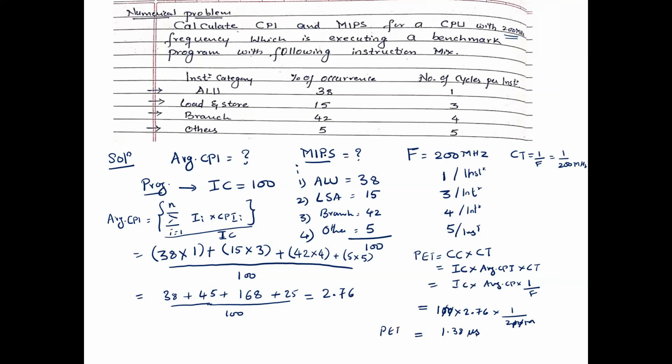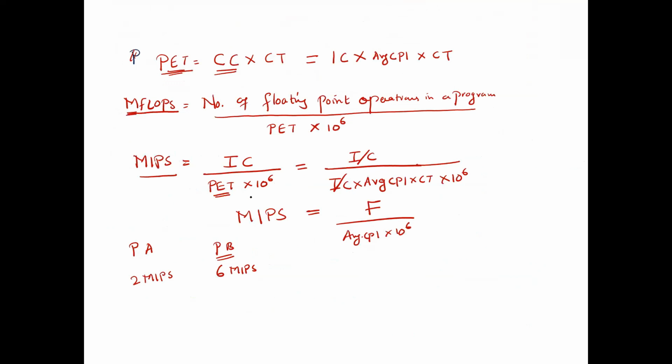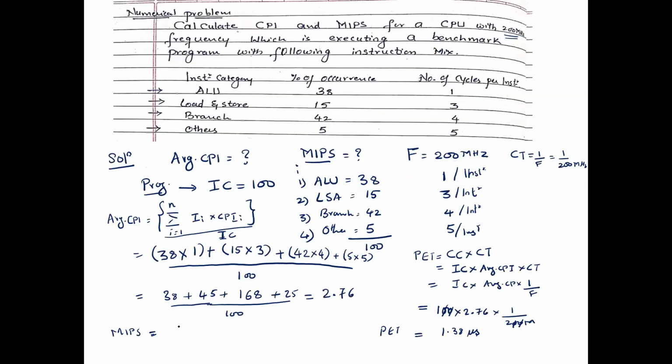They have told us to calculate the MIPS, million instructions per second. We have two different formulas for it. One is the frequency divided by average CPI into 10 raised to 6, so I will make use of that formula. That is clock rate divided by average CPI multiplied by 10 raised to 6. Now substitute the frequency 200 megahertz divided by average CPI 2.76 multiplied by 10 raised to 6.